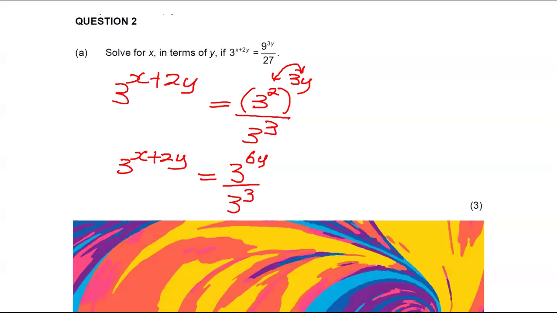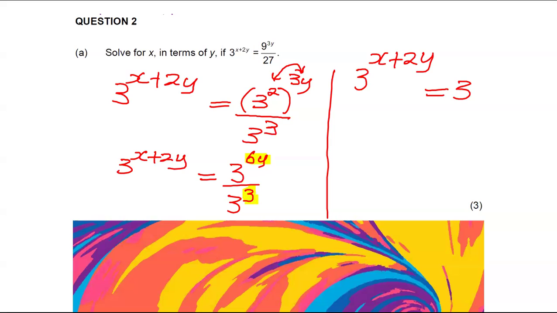Now, to simplify the right-hand side even further, you will have 3 to the exponent of x plus 2y. On the right-hand side, you're dividing the bases that are the same. So you will write that as a single base and take the numerator exponent, which is that 6y, and subtract the denominator exponent, which is the 3.